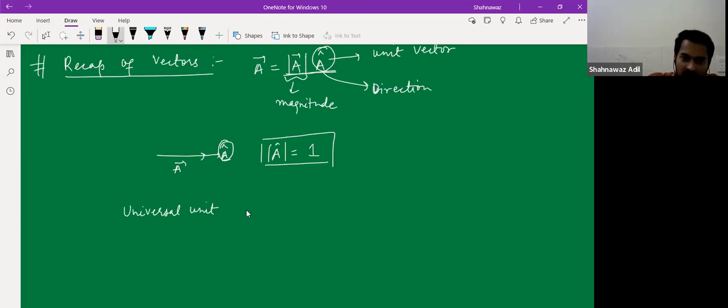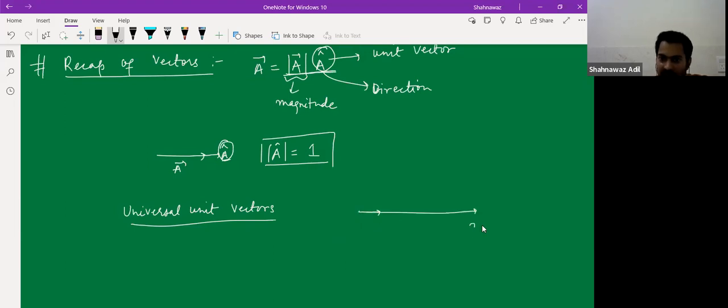So in 3 dimensions, you have 3 directions, X, Y, Z. If you go 1 unit in the X direction, this is called the I hat direction. If you go 1 unit in the Y direction, this is called the J cap direction, the J unit vector.